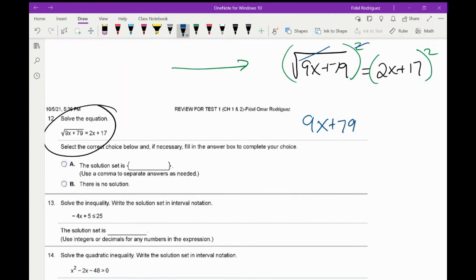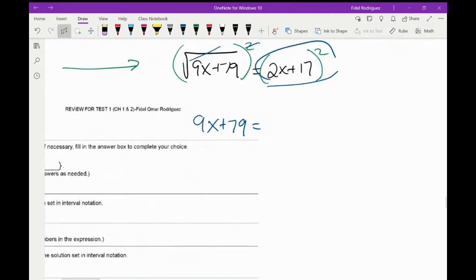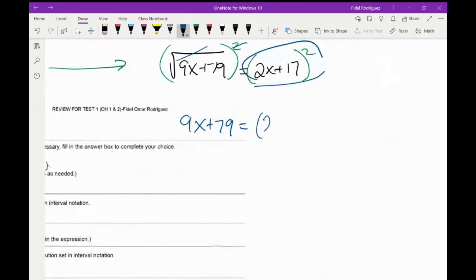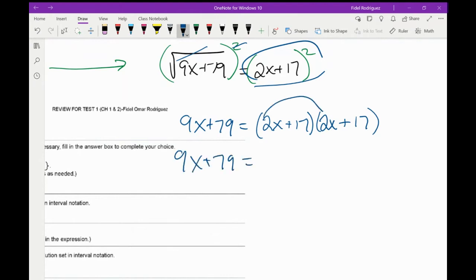That's going to leave me with a 9x plus 79. Now, this piece here, I need to square it. So the best way for me to square it is to write 2x plus 17 and another 2x plus 17. Let's go ahead and FOIL this out. Multiply, so 2x and 2x, 4x squared. 2x and 17 is a 34x.